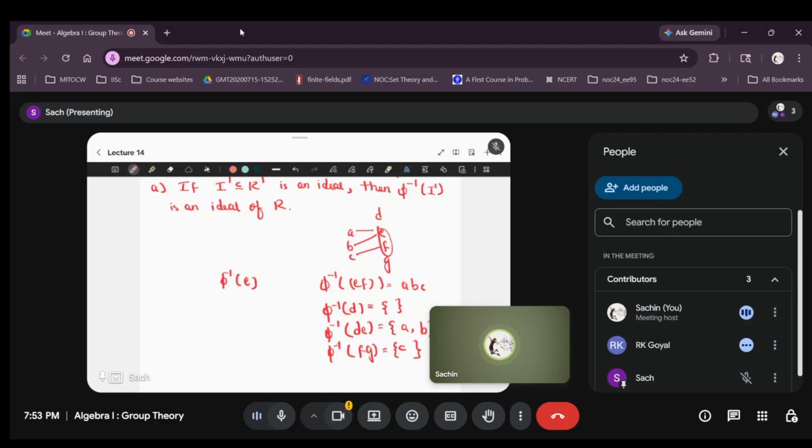Phi inverse is also a function, so it can only give you one output. You don't have a function inverse because it's not a bijective function. So in this case, we define the set inverse. The inverse of a set in the codomain is simply the set of all elements in the domain whose image lies within that codomain set.